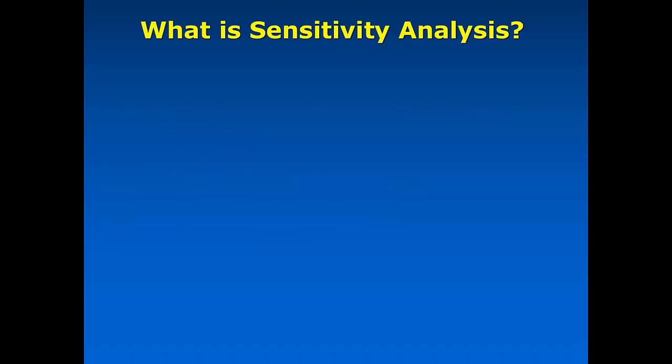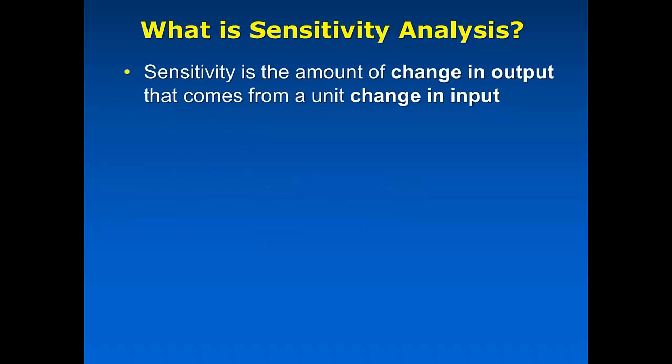So first of all, what is sensitivity analysis? Well, sensitivity is really looking at how much the output from my model changes when I change my input. It's a way of measuring that sensitivity, that slope of the response for my model. And of course, it's a very generic thing, and we could be talking about any particular input and output.